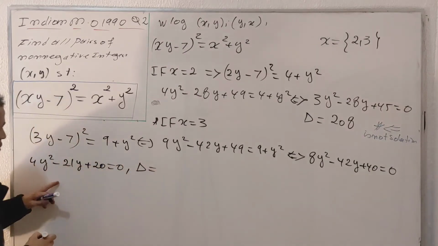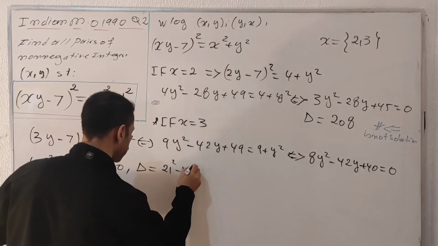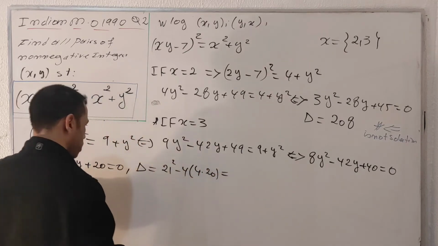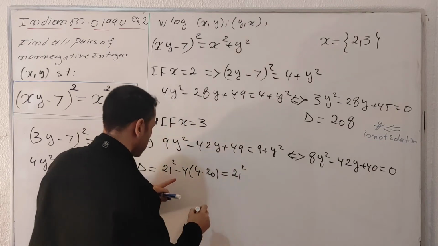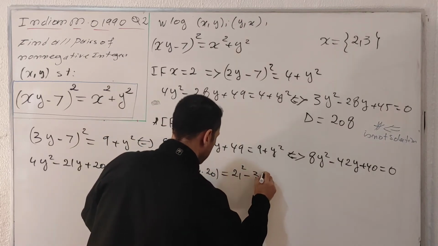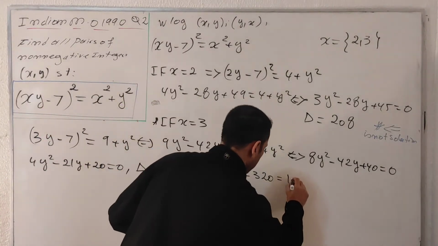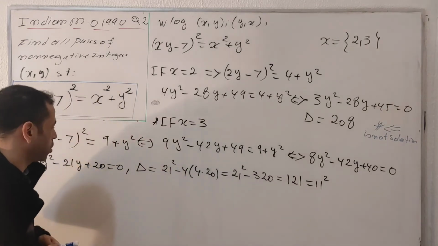By calculating delta of this one, you get 21 squared minus 4 multiplied by 4 multiplied by 20. I will get 21 squared minus 320. If you calculate this one, it is giving us 121, which is 11 squared. That means a perfect square.